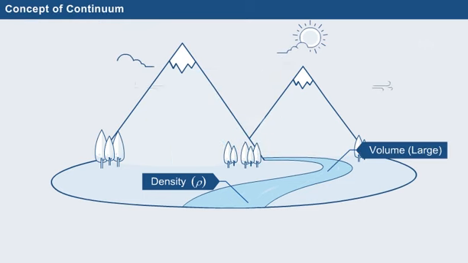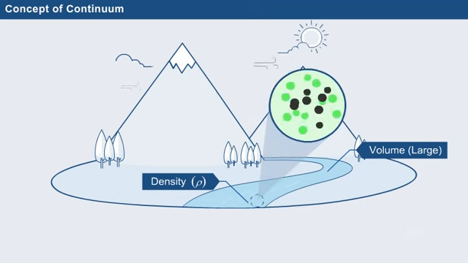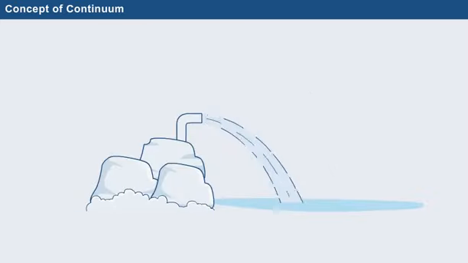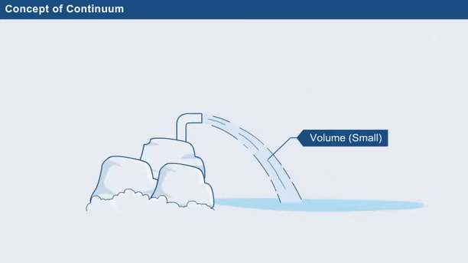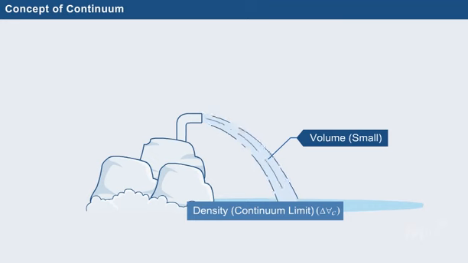If the volume of the fluid is very large, the density of the fluid is affected by inhomogeneities in the medium. In case the volume of the fluid is very small, there are possibilities of random movement of molecules. Thus, to make the fluctuations insignificant, the density of the fluid medium is considered within continuum limits and is denoted by delta V c.